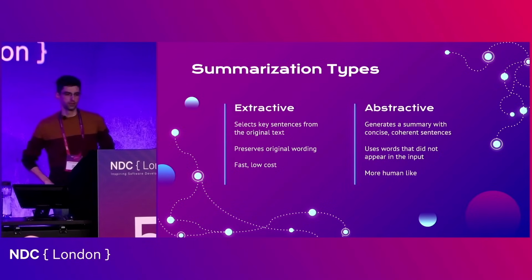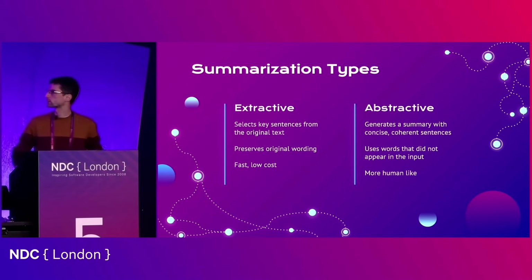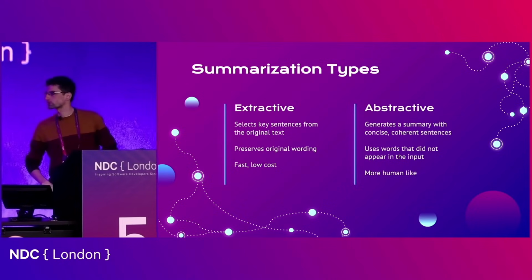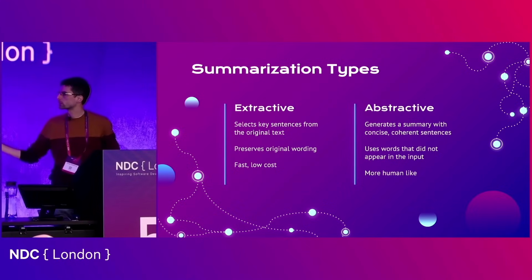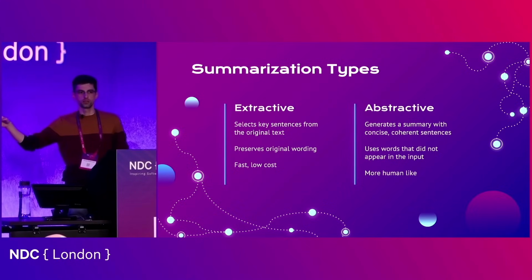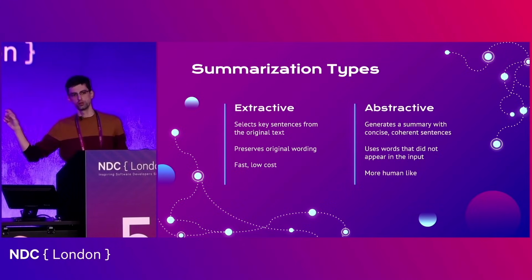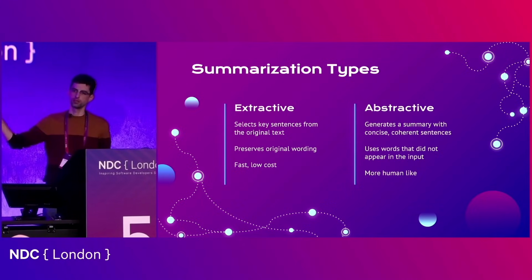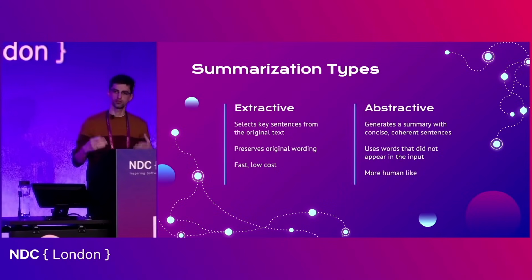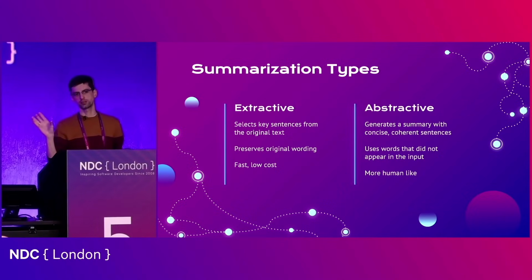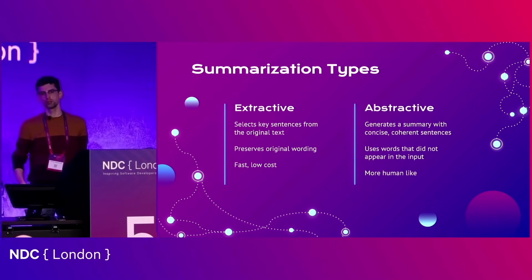Azure AI service has two types of summarization: extractive and abstractive. The demo that we saw was extractive. The difference between these two strategies is that extractive does not invent any new sentences or text. It will just extract the exact phrase from the documents that we give.